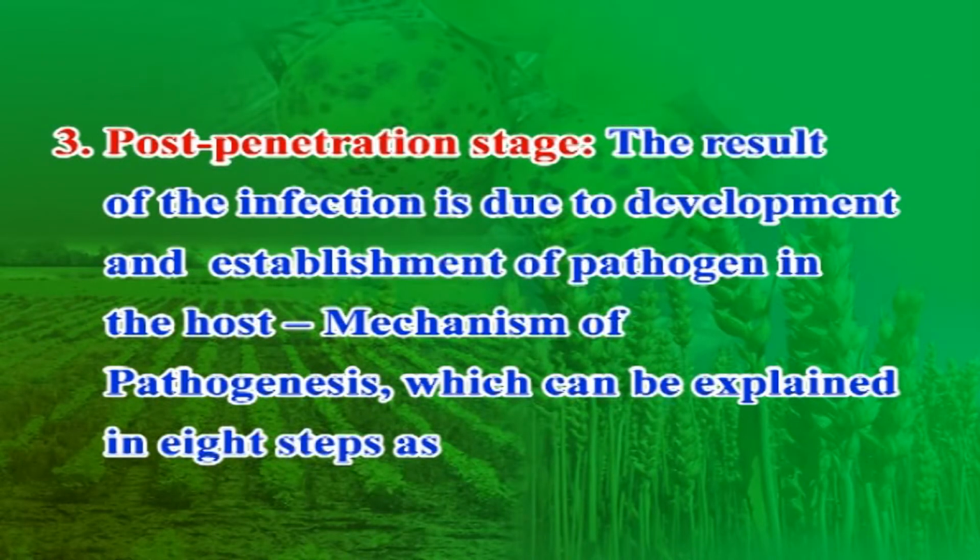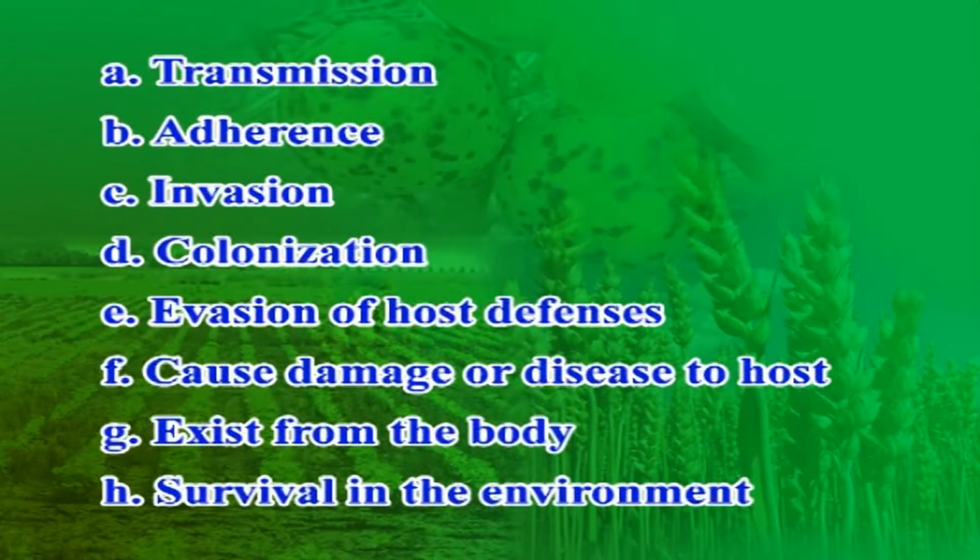Post penetrance stage: the result of the infectivity is due to development and establishment of the pathogen in the host, the mechanism of pathogenesis, which can be explained in eight steps: transmission, adherence, invasion, colonization, evasion of the host defense, causing damage or disease to the host, exit from the body, and survival in the environment.